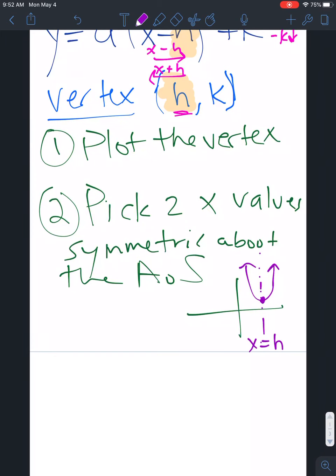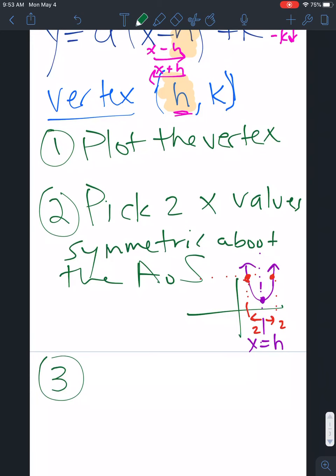The nice part is to pick 2 values that are symmetric, one on either side, meaning if we go to the left 2 to get to my left point, I'm probably going to want to go to the right 2 to get my next point, because then they're going to be at the same height, and we'll see that when we go through our example. That's the second step, pick 2 x values.